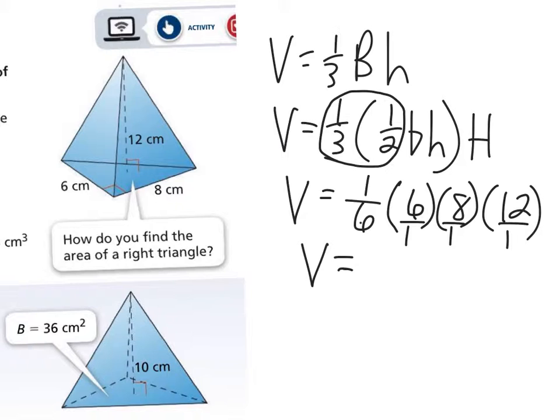Technically, the 1/6 and the 6, you can actually reduce both of those by 6 since you're multiplying. But anyway, if you don't see to do that, you can just multiply it, get a number over 6. And then when you divide, they've got it coming out as 96. So if we would have multiplied the 6, 8, and 12 together, you get 576. And then if you divide that by 6, you will get 96.